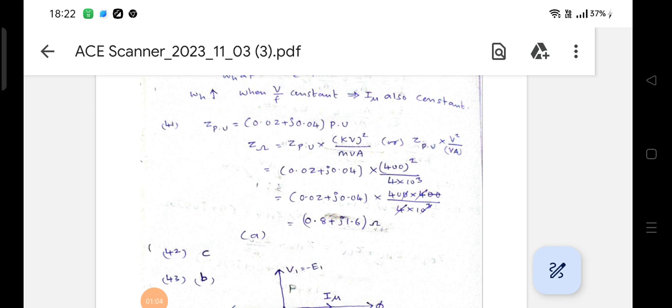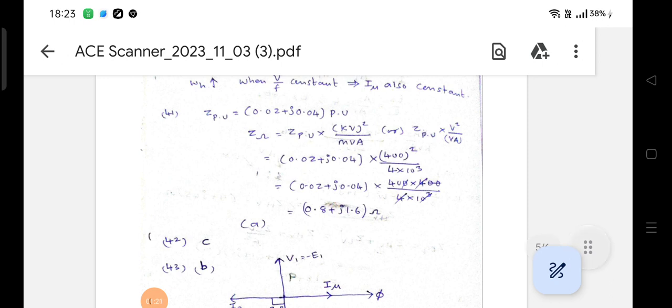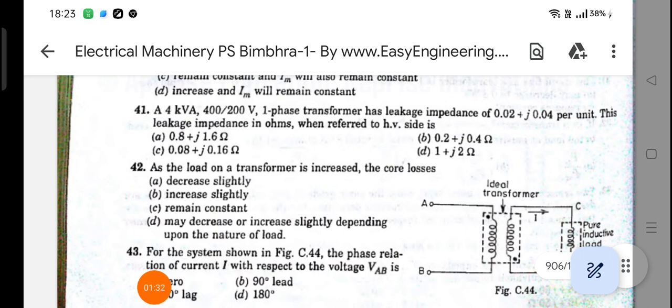Z per unit is given as 0.02 plus j0.04, voltage will be 400, so that is 400 square divided by 4 kVA, that is 4 into 10 to the power 3. If I simplify that equation, I will get the answer as 0.8 plus j1.6 ohm. Yes, so from the given options, the first option, 0.8 plus j1.6 ohm, is correct.